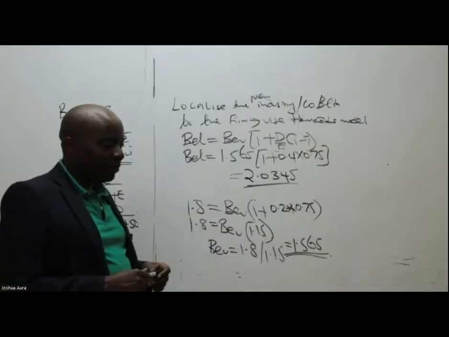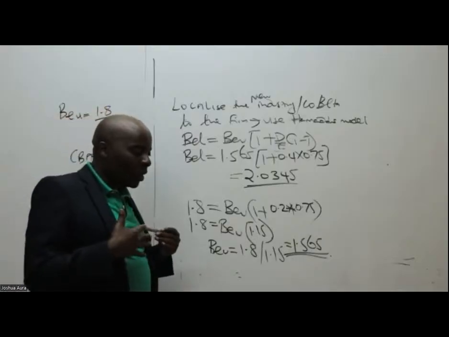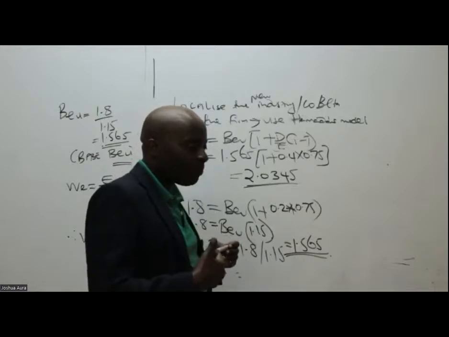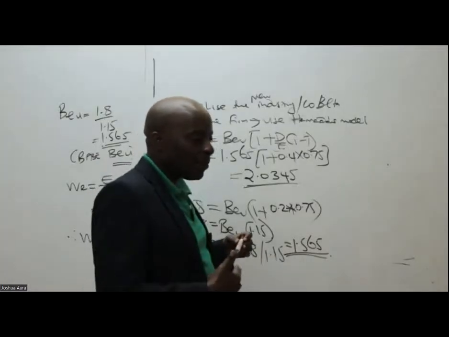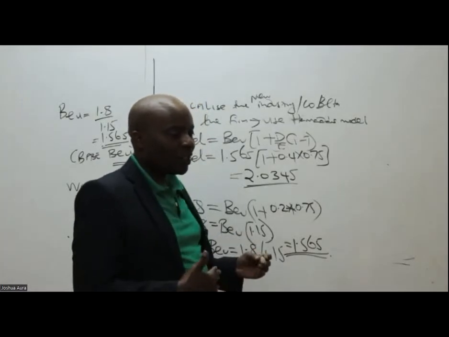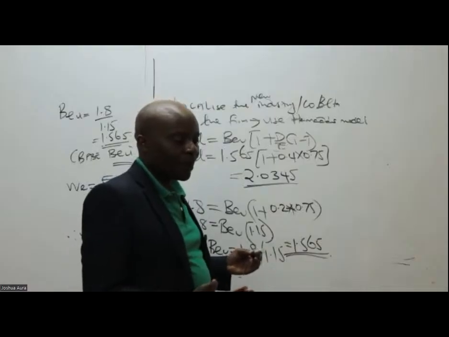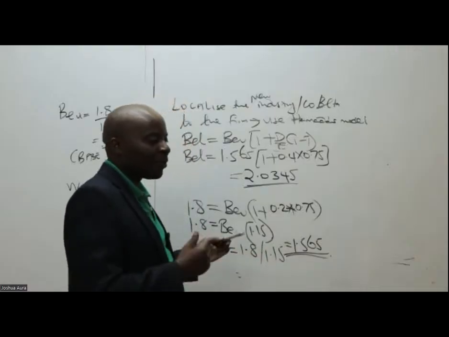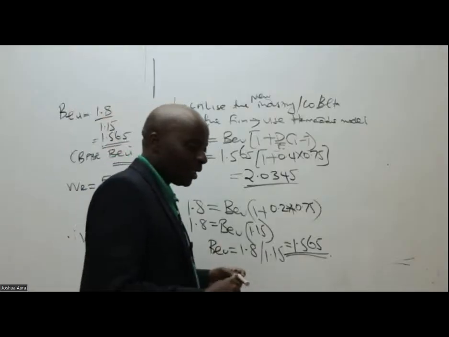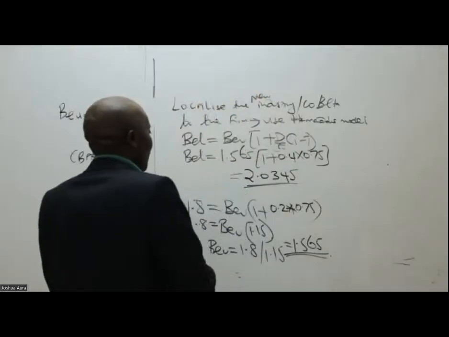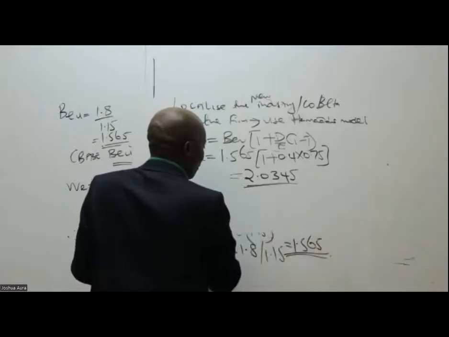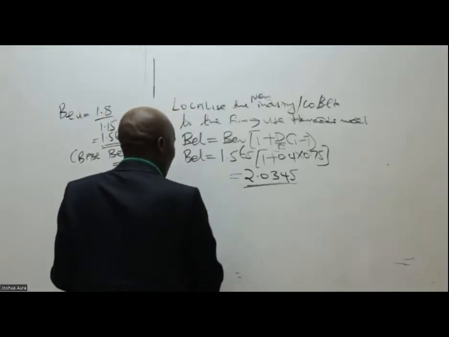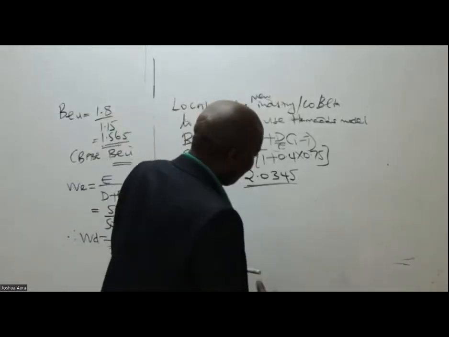Remember, we can't calculate KEU here, because I would have gone for KEU if they spoke of a company that is 100% financed with equity. This firm has both debt and equity. So straight away, I'll go to KEL using CAPM.